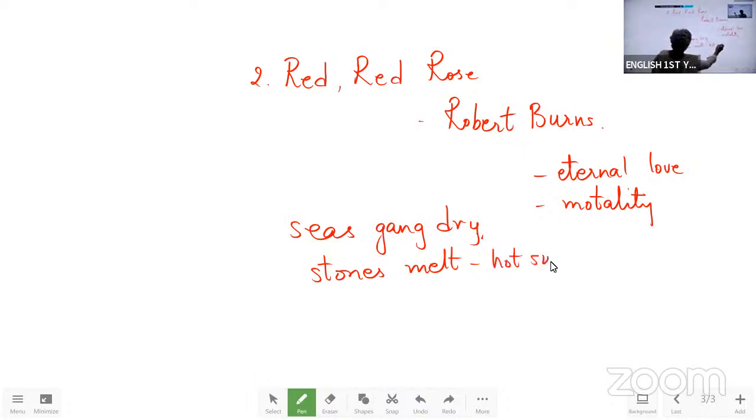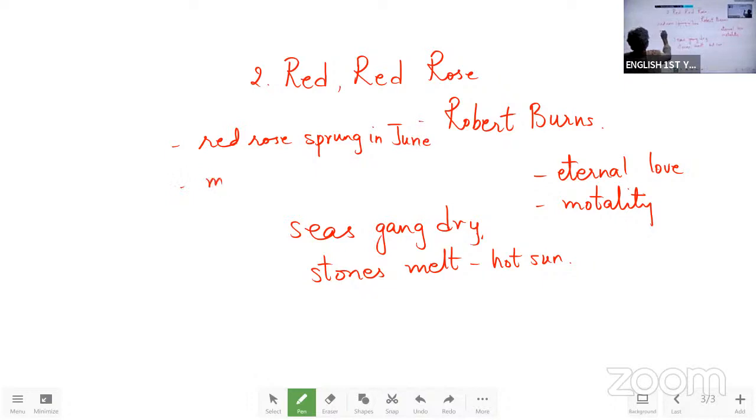Is this possible? Both are not possible. And he also compares her not only with red rose newly sprung in June, but also with melodious song. So the whole poem revolves around his love for his beloved.